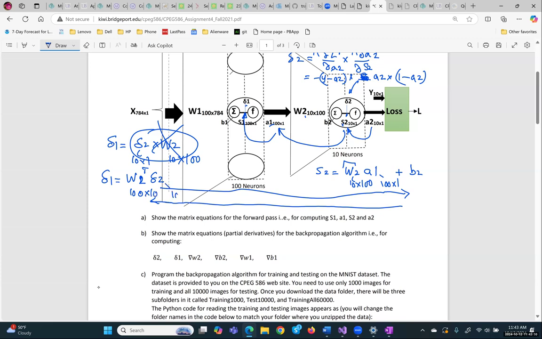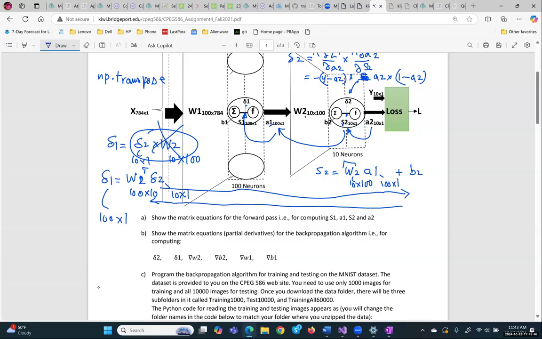This is 10 by 1. Okay, so then you can see, sure, now this comes out proper. So you can see when you try to compute deltas, transposes will be needed. How do we write the transpose in NumPy? NP dot T. Yeah, dot T also works, or you can say dot transpose.